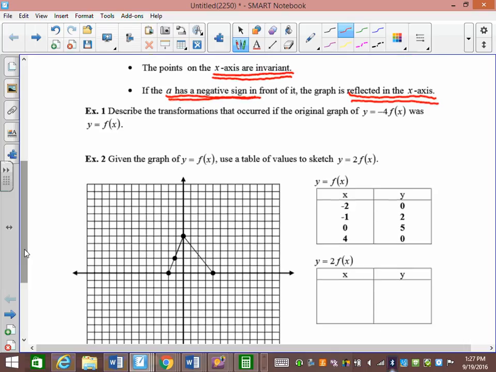So describe the transformations that occurred if the original graph of y equals f of x became y equals -4 f of x. I'm going to move it over with the y, because that's what I do. How do I move it over? I divide by -4. So y divided by -4, I can just rewrite it as -1 over 4 y equals f of x.